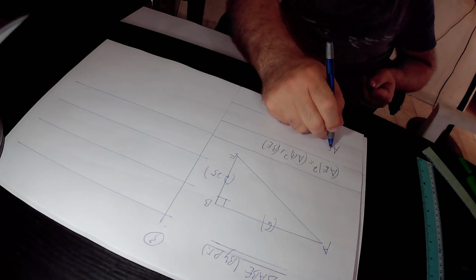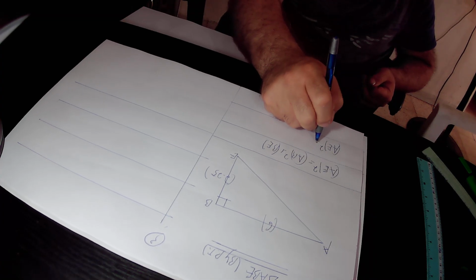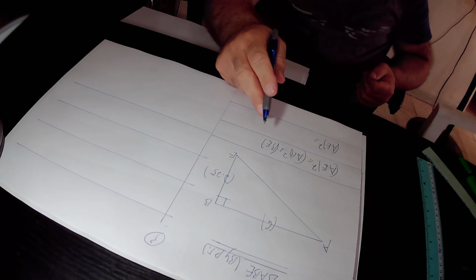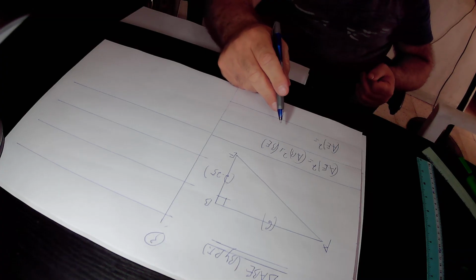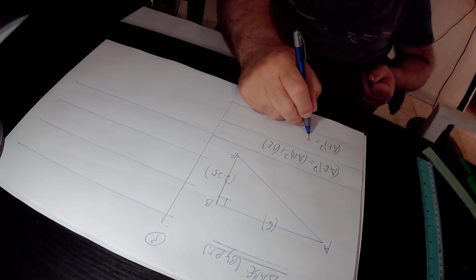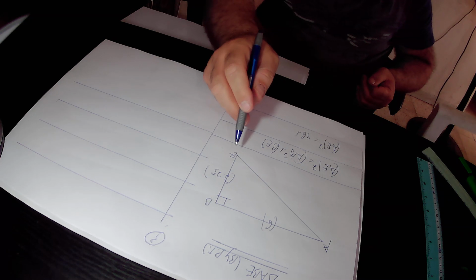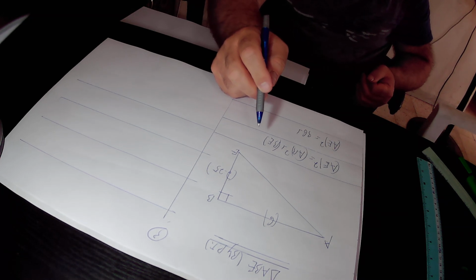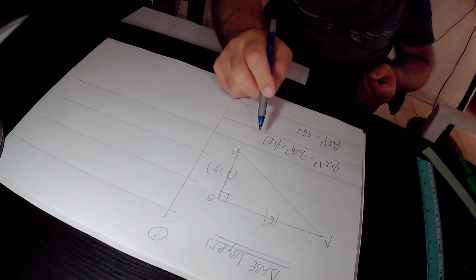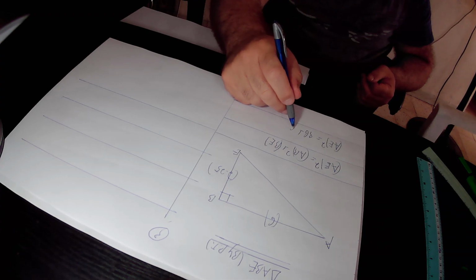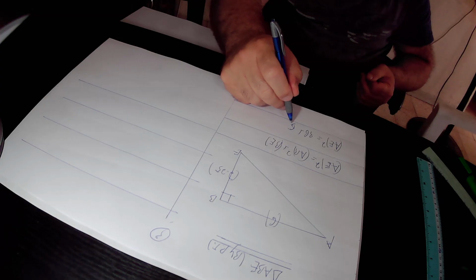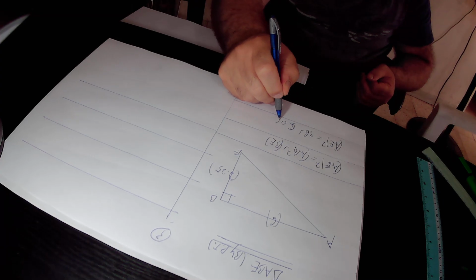So AE squared equals AB squared. AB is 6, therefore AB squared is 6 squared, that is 36, plus BE squared. BE is 2.25, therefore BE squared is 2.25 squared, that is 5.0625.